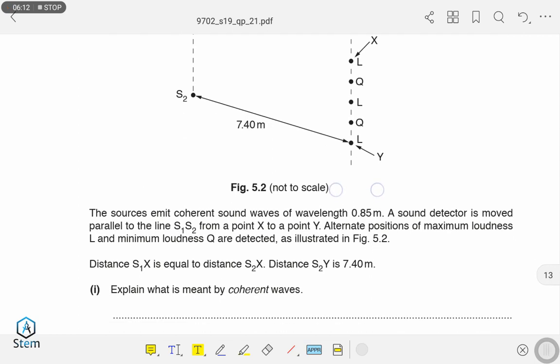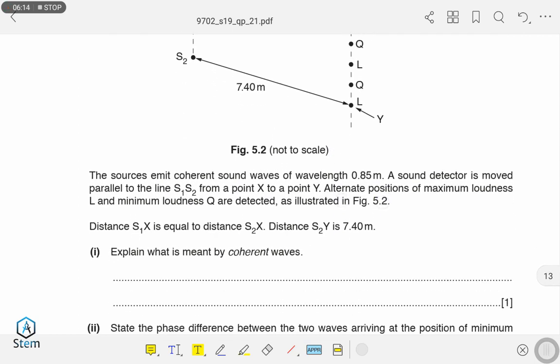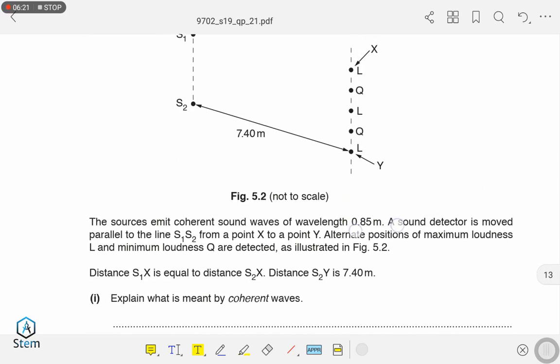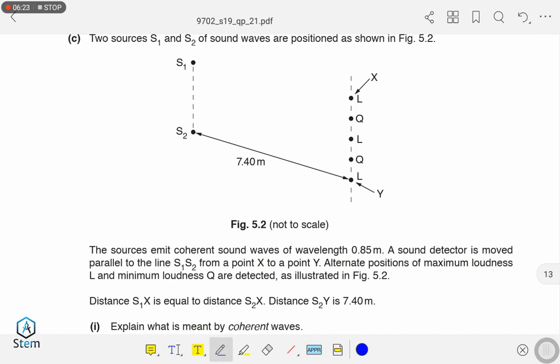Our distance S1X is equal to distance S2X. So this is our point which is directly in front of S1 and S2.